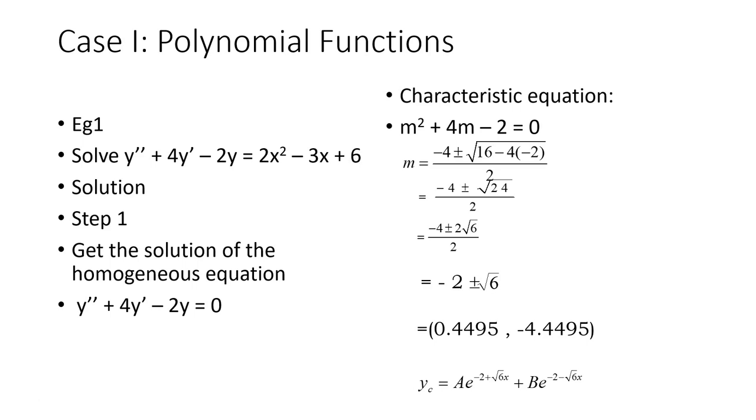Using undetermined coefficients. If you look at the f(x) here, this is a polynomial of degree 2. Hence, you will choose the yp also a polynomial of degree 2, meaning px squared plus qx plus r. You can use any symbol, any variable, but don't use a and b, because a and b are constants in your homogeneous solution.